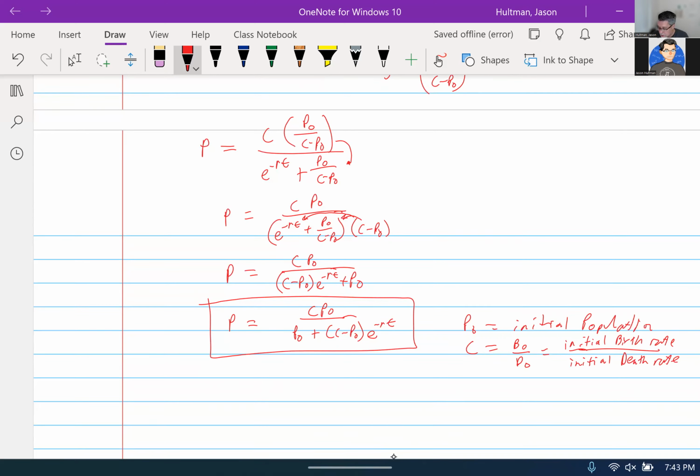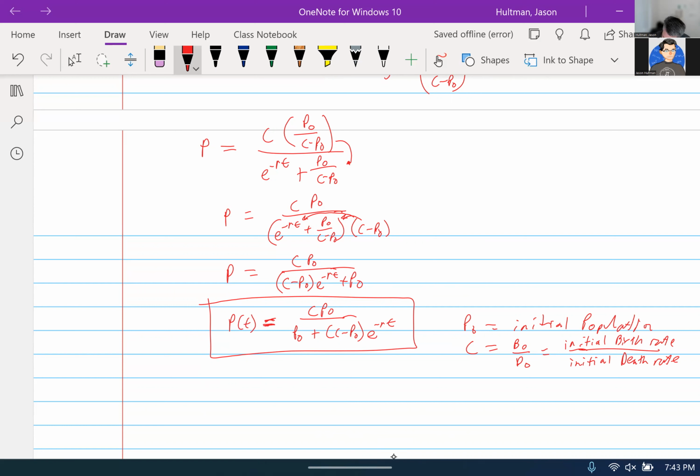So it's all based on my initial values. And I'll just put a little t here because this is the population at time t. And what is C? C is the carrying capacity.